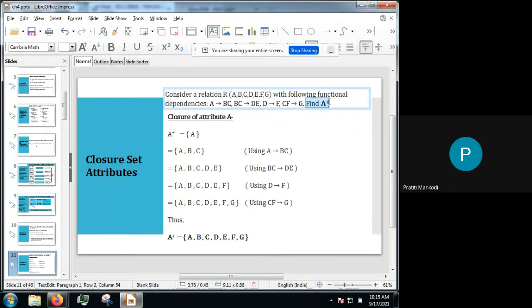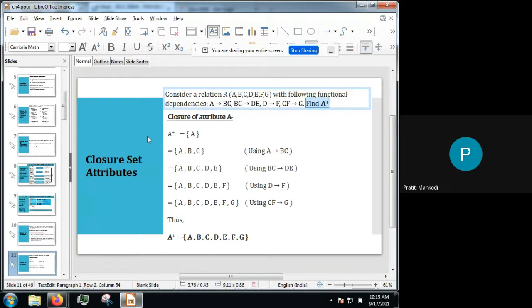That means with the help of attribute A, which different attributes can you derive? What is a closure? What was the closure of FDs? With the given set of FDs, how many other FDs can I derive? Similarly, if I say closure of attribute set, with the help of that attribute, how many other attributes can I derive directly or indirectly? Let's discuss how.